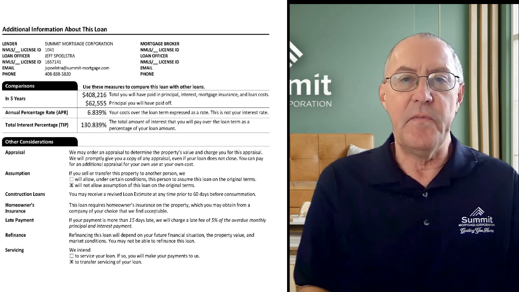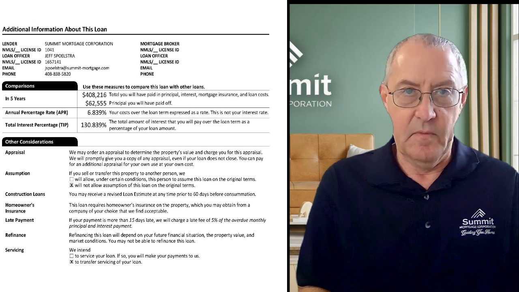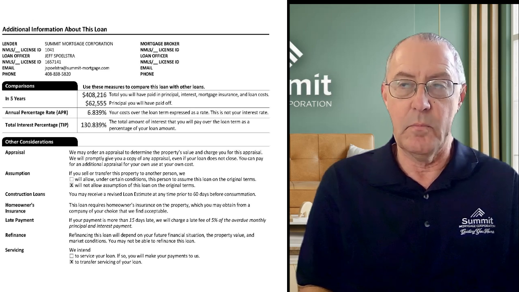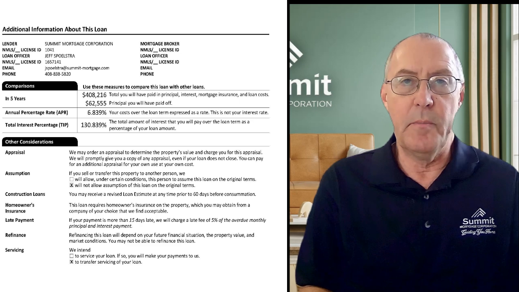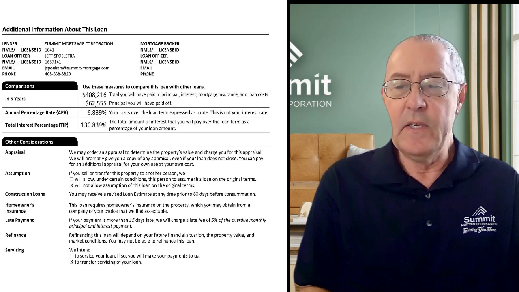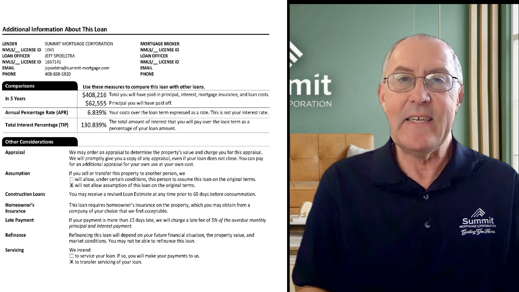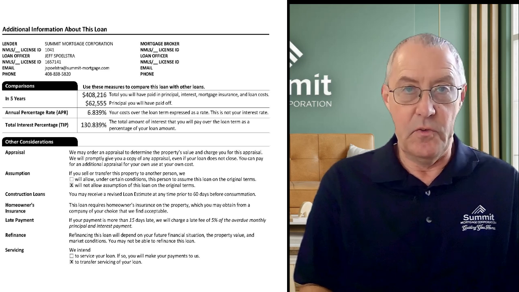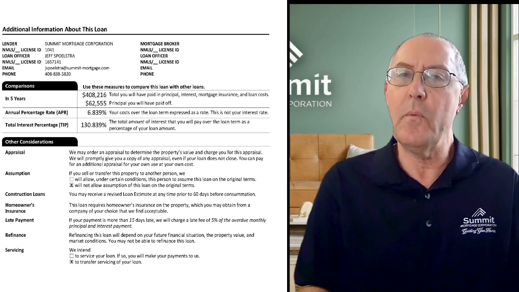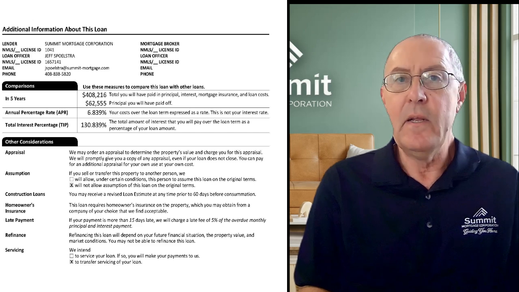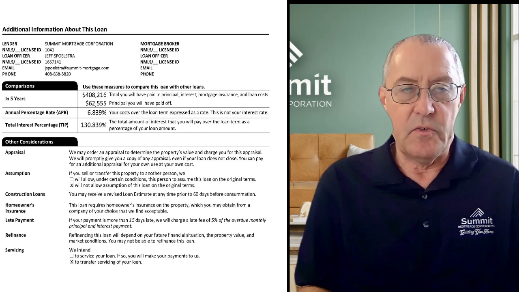APR is if we took all of the costs associated with your mortgage over the term of it, interest, your closing costs, everything, mortgage insurance, etc., etc. If we took all that, added it up, and treated it as if it was all interest, what would that mean in terms of your effective interest rate, right?